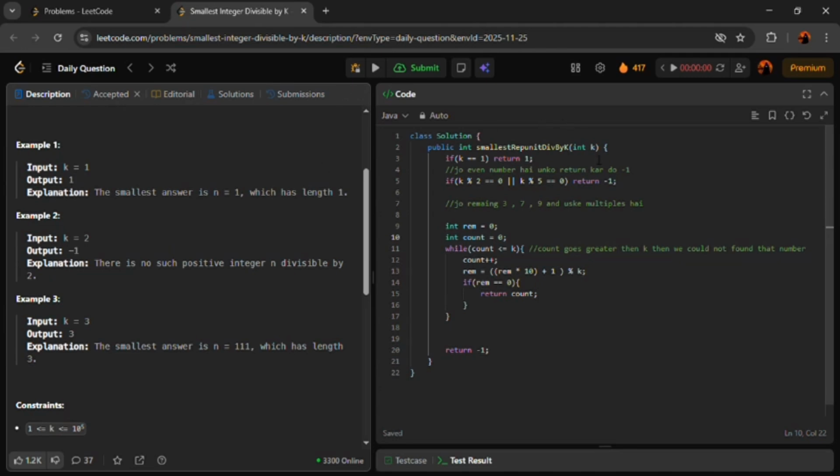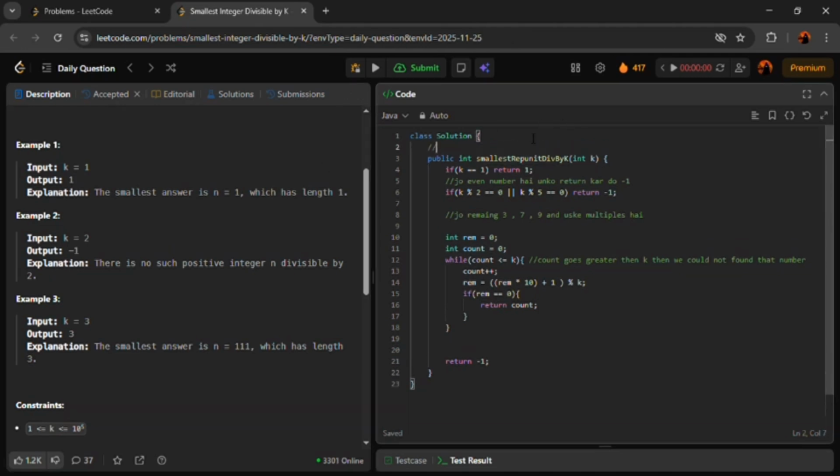We cannot find that number which only contains the digit 1. You can try and take any number. Let's take 111 and divide it by 4.